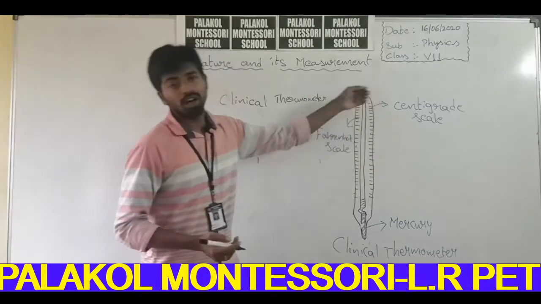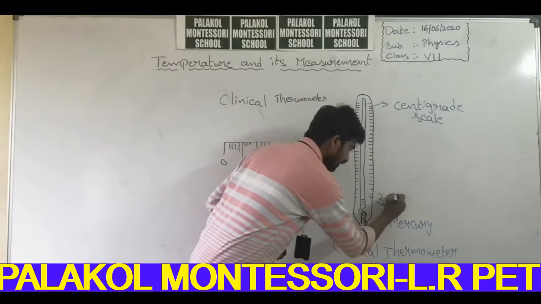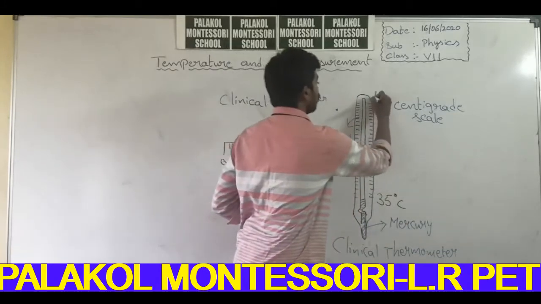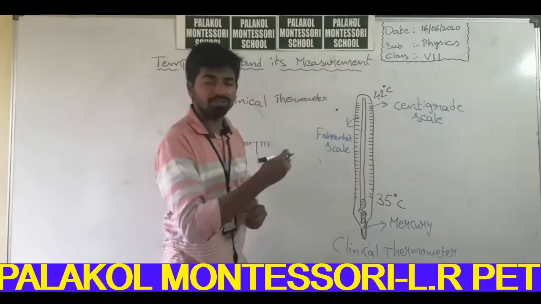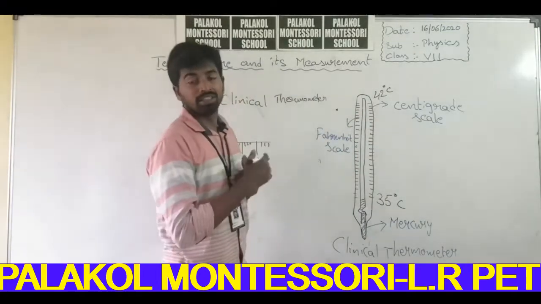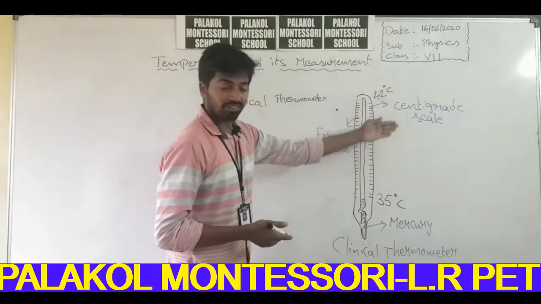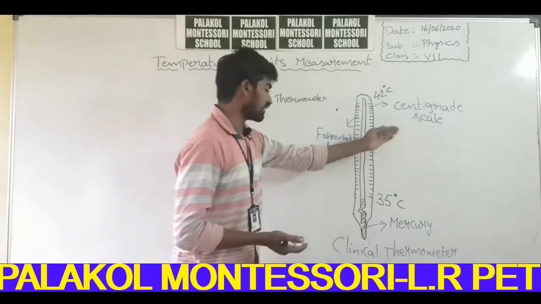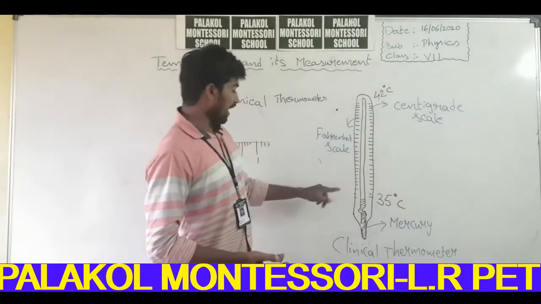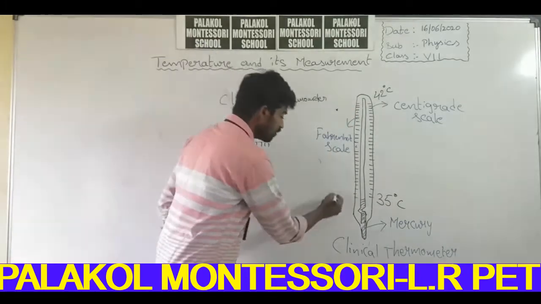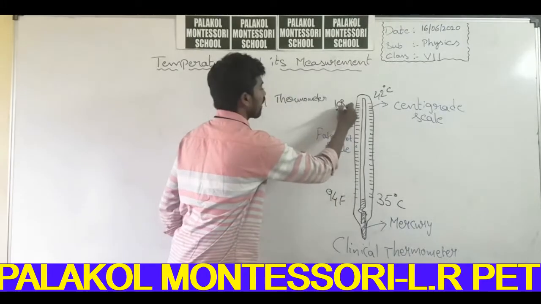The values on the centigrade scale of this clinical thermometer start from 35 degrees centigrade to 42 degrees centigrade, whereas on the Fahrenheit scale the values start from 94 Fahrenheit to 108 Fahrenheit.